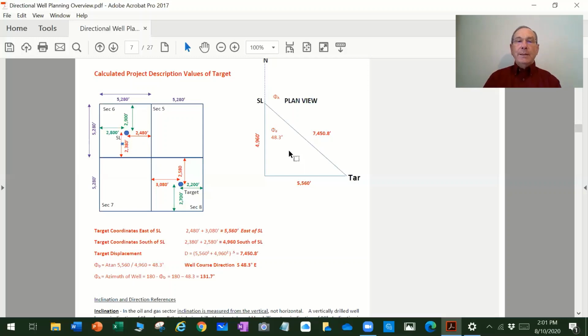So for this case, we know that this angle plus this angle has to equal 180 degrees. So this angle here, looking at the diagram, would be 180 minus this directional angle of 48.3 degrees. So our azimuth would be 131.7 degrees.